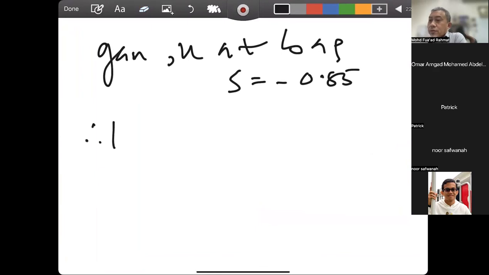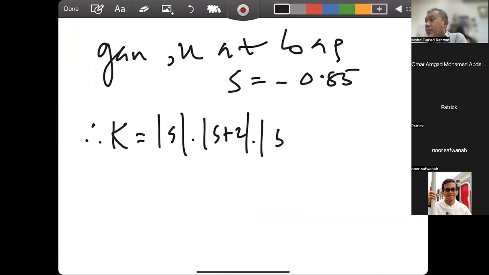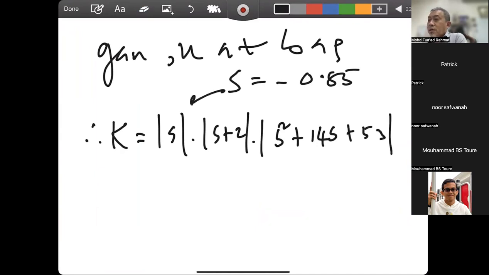So as usual, we use the formula for the magnitude criterion, which is the magnitude of s times (s plus 2)(s squared plus 14s plus 53). So you insert inside, and you will get the K value at 40.9.